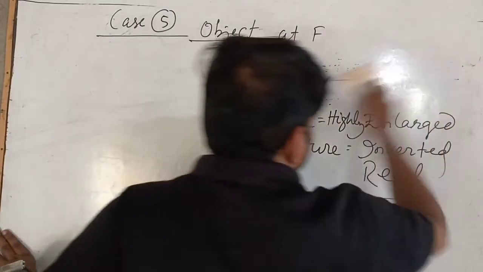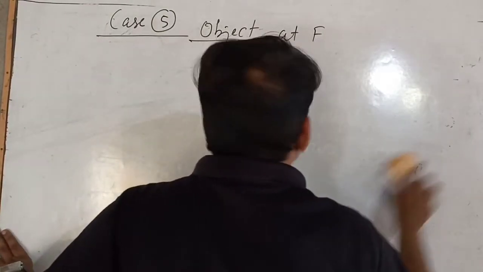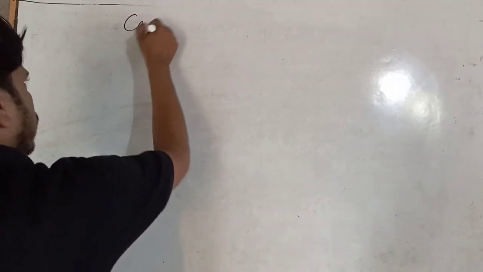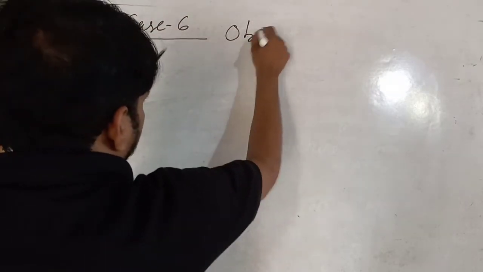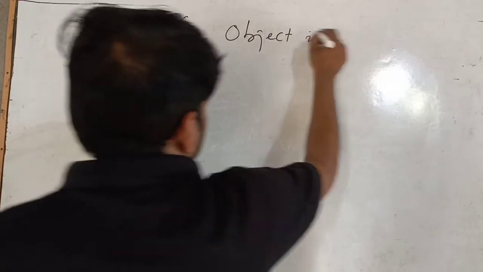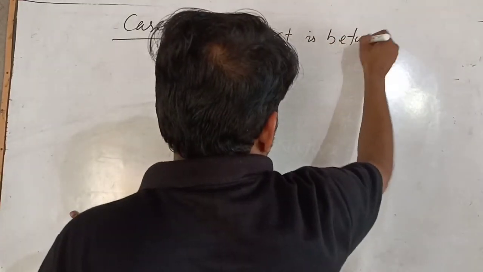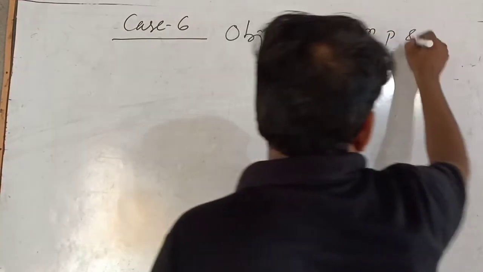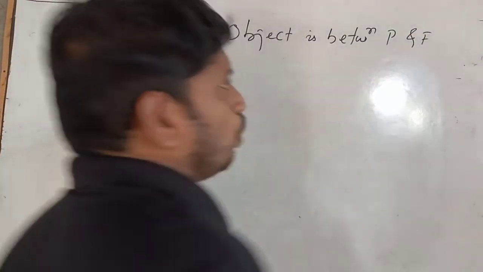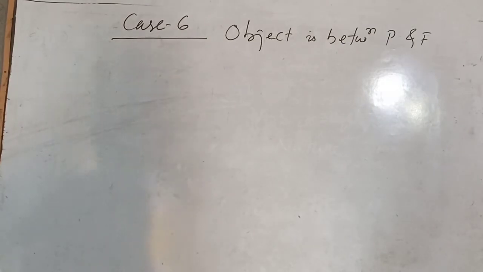Now we will discuss the sixth case. Case 6: the position of the object is between P and F, pole and principal focus. In this case, is the object visible?